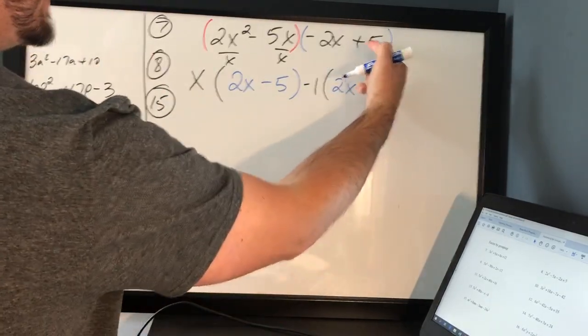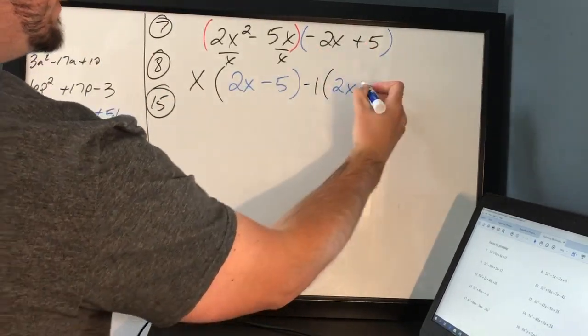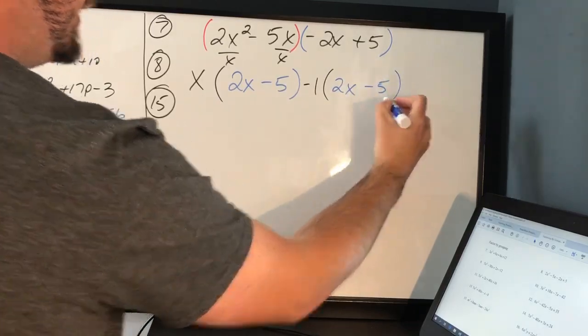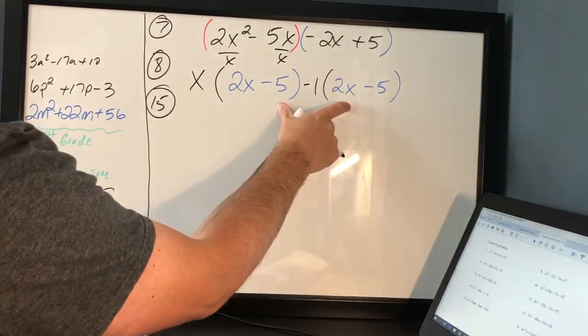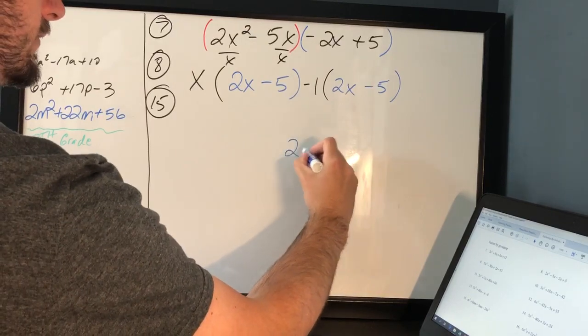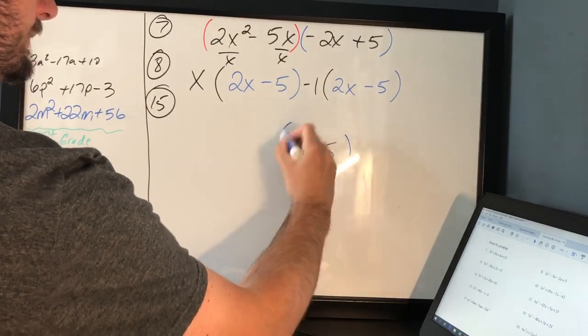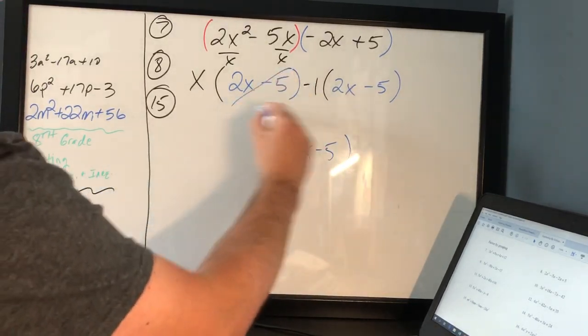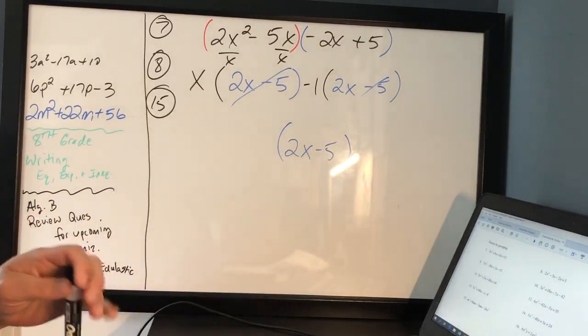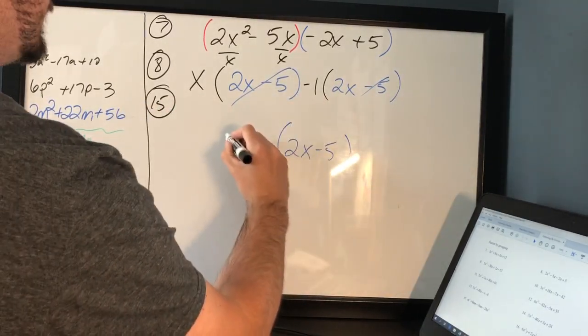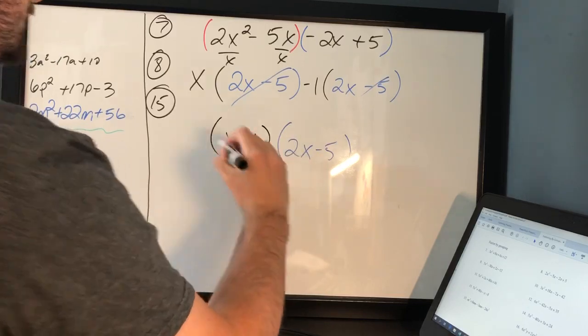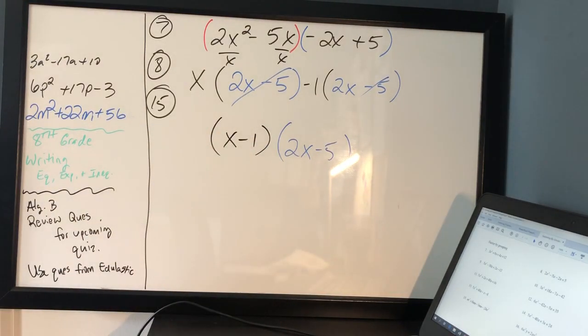And if I divide positive 5 by negative 1 that I factored out, it would give me minus 5. Again, the two in the parentheses match exactly. So we get 2x minus 5. Cross those out. What's left on the outside? X minus 1. So that's our other factor. Okay? All right, hopefully you guys are getting that.